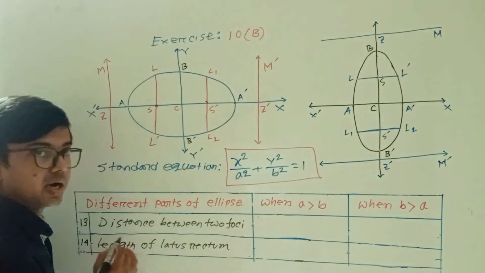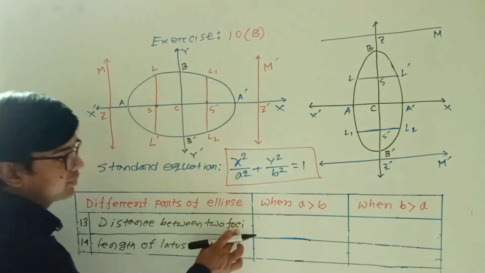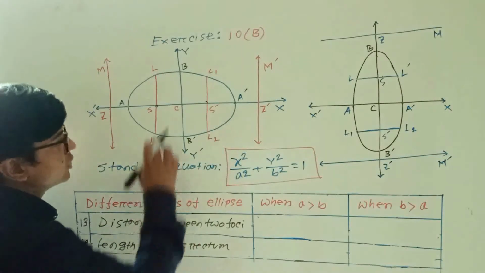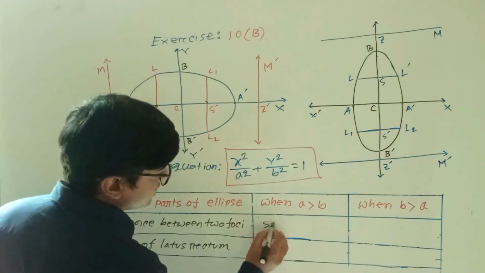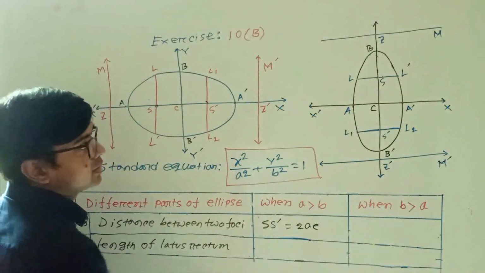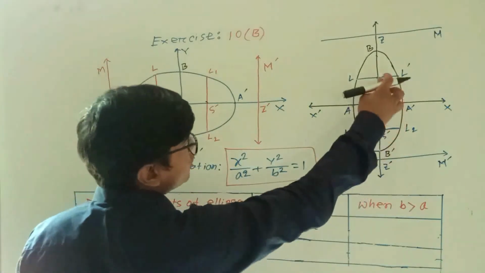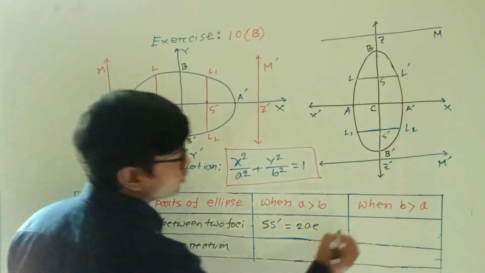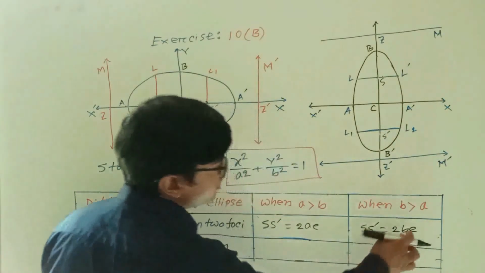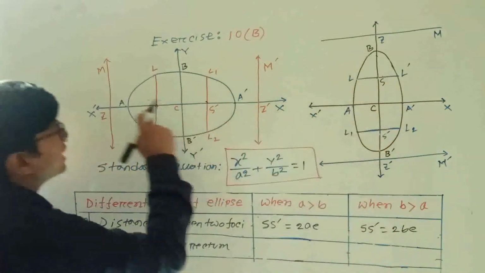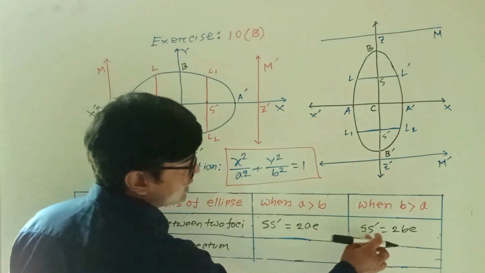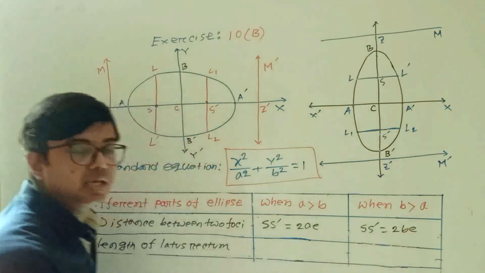Now formula number 13, distance between two foci. Look at the figure. Here S and S prime are two foci. So distance between two foci S S prime equals 2AE, and for this figure distance between two foci S S prime will be 2BE, because B is the major axis for this figure and A is the major axis for the other figure.